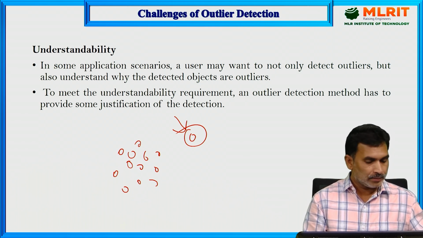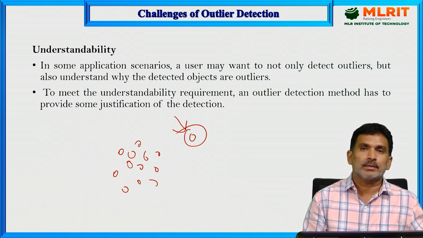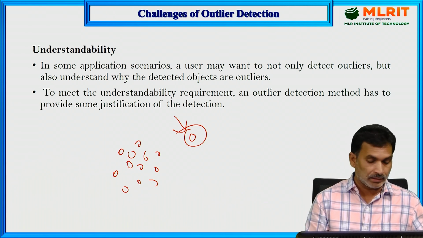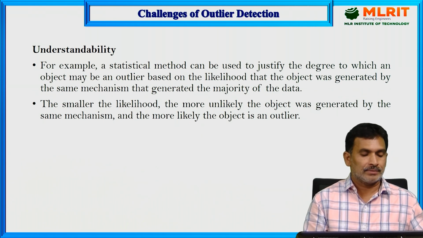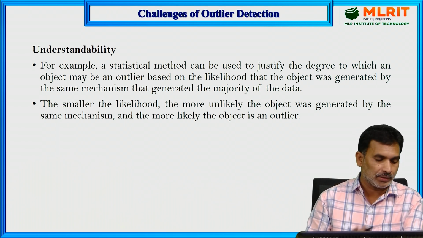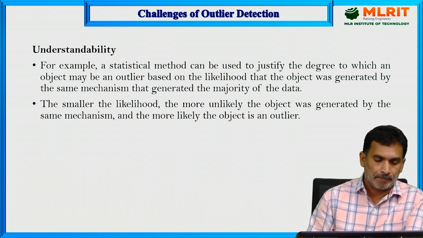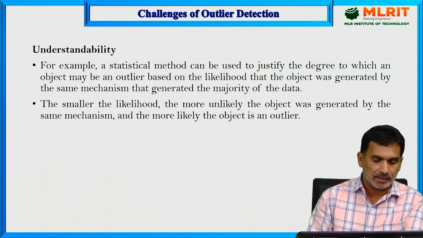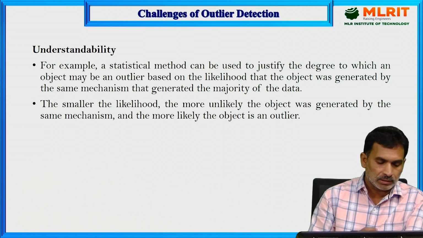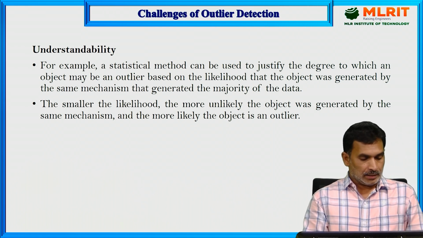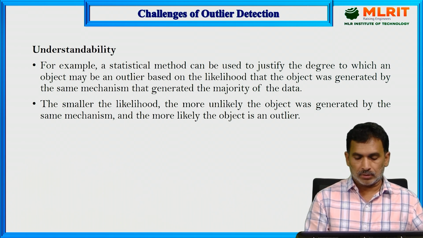To meet the understandability requirement, an outlier detection method has to provide some justification of the detection. For example, a statistical method can be used to justify the degree to which an object may be an outlier, based on the likelihood that the object was generated by the same mechanism that generated the majority of the data. The smaller the likelihood, the more unlikely the object was generated by the same mechanism, and the more likely the object is an outlier.